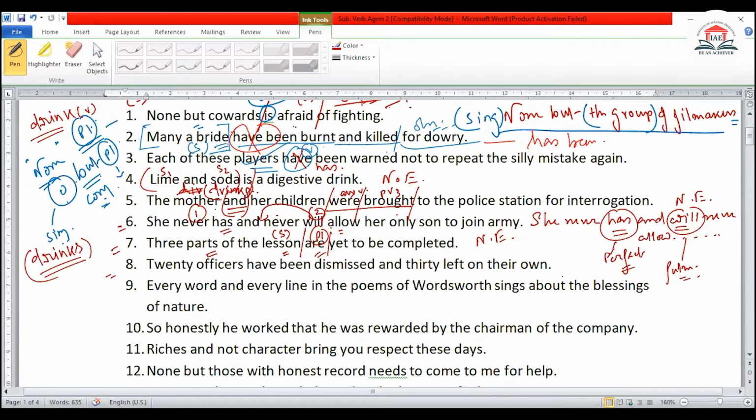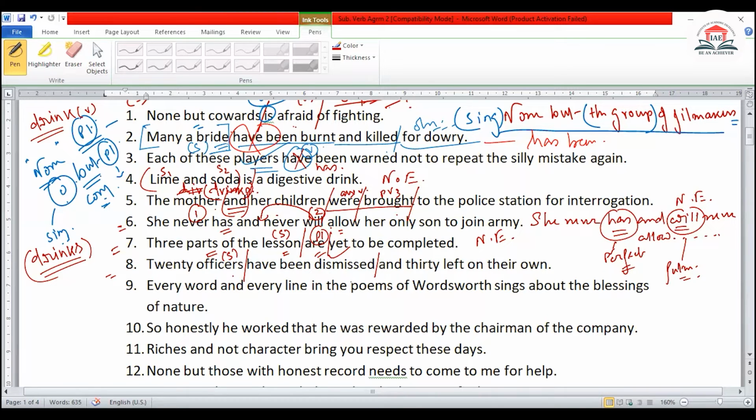Has been dismissed. We have plural one. Subject is plural. Twenty officers have been dismissed. Up to this, there is absolutely no problem.